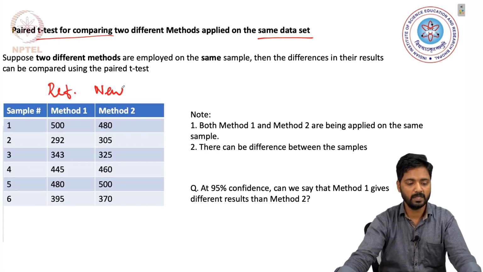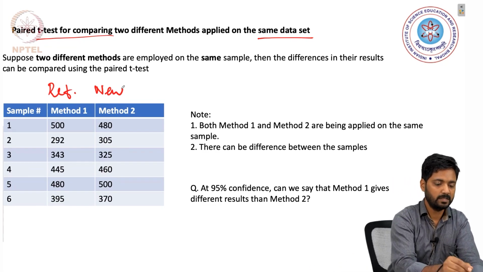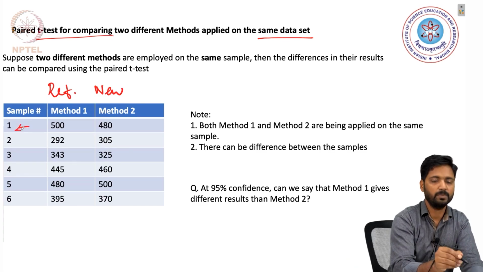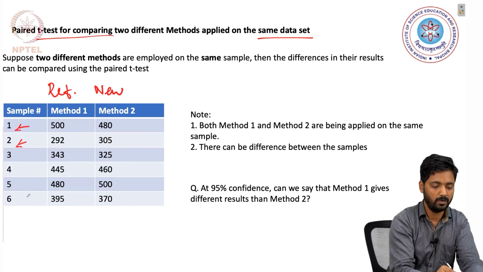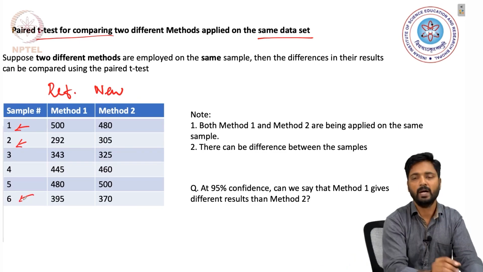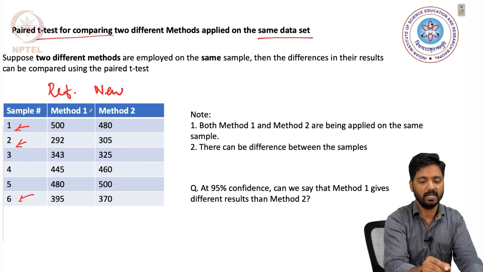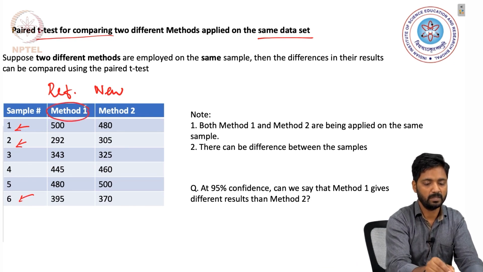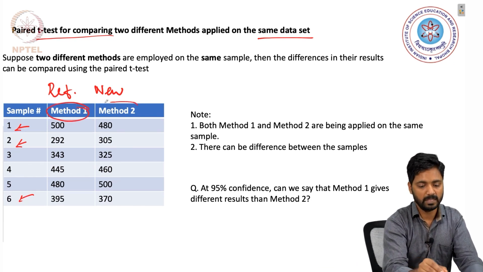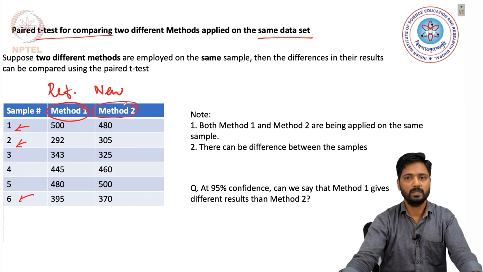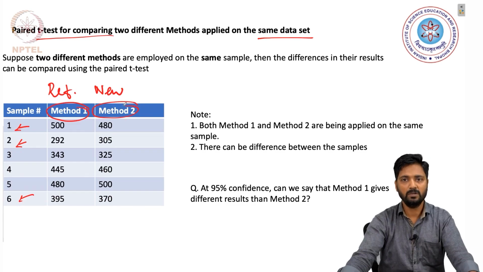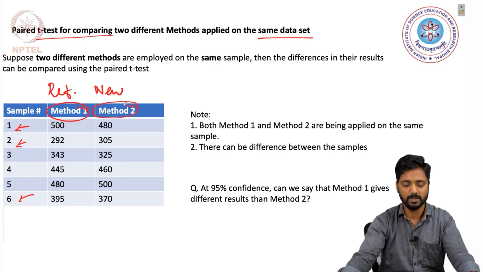So what we do here is we take samples such as sample 1 or 2 or up to 6, and we use these samples to estimate the analyte concentration using method 1 or method 2. Now there can be differences between the 2 methods, and also there can be differences between the individual samples.